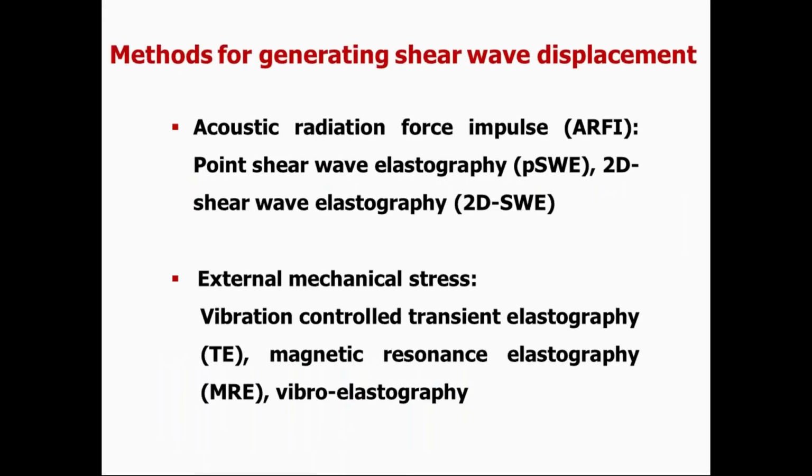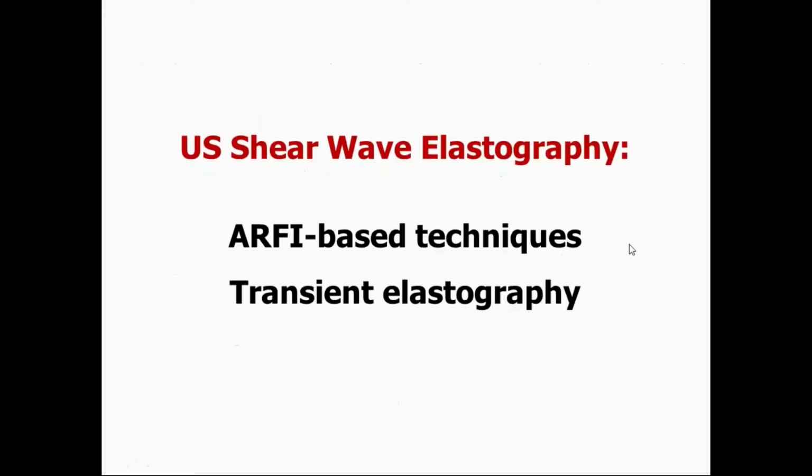As for shear wave elastography, the methods for generating the shear wave displacement are the force of the ultrasound beam, so the ARFI, as in point shear wave elastography and two-dimensional shear wave elastography, or an external mechanical stress, as used for transient elastography, but also for magnetic resonance elastography or vibroelastography.